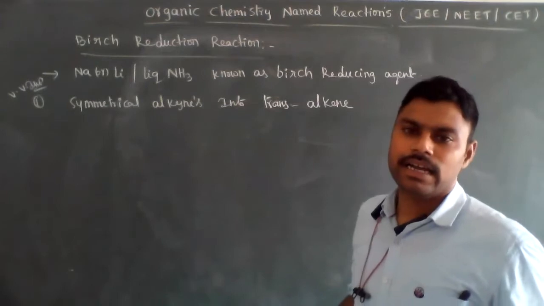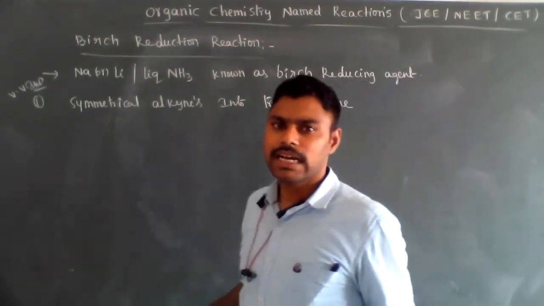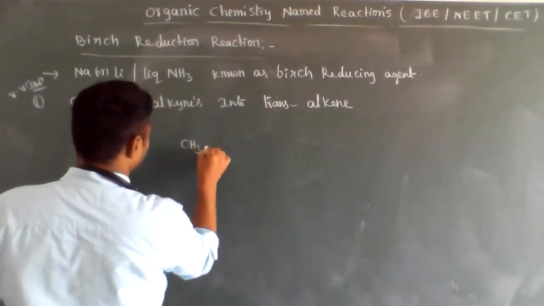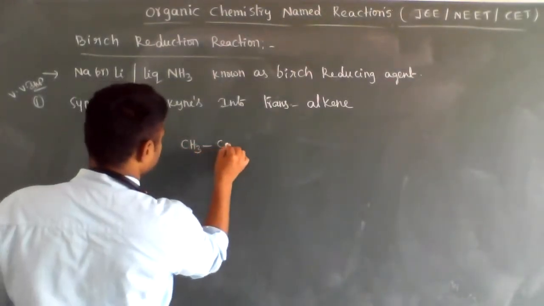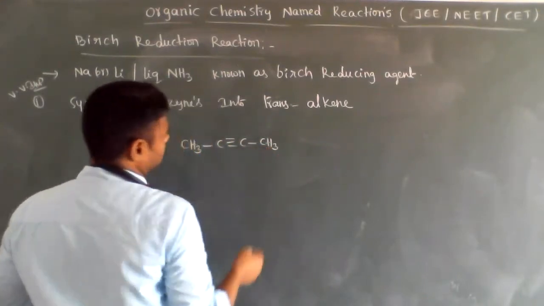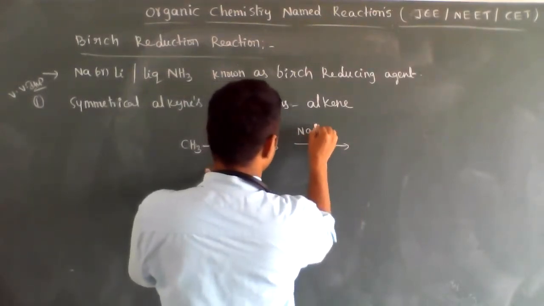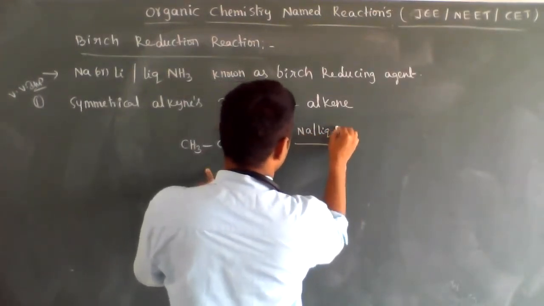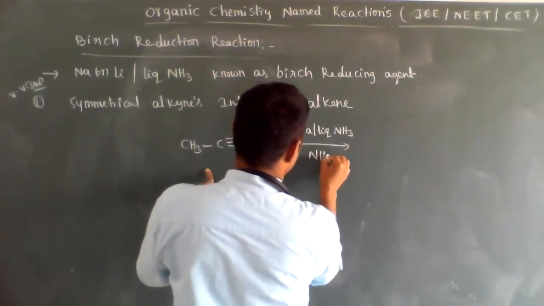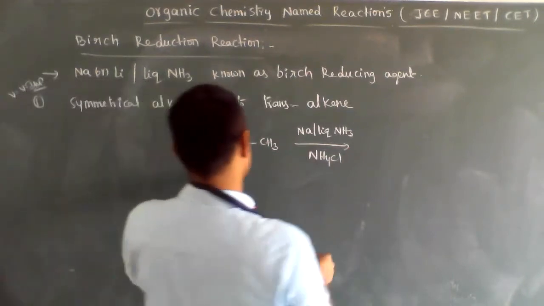If you want cis alkene, we use Lindlar's catalyst, palladium barium sulfate. Let's see, for example, the symmetrical alkyne CH3-C≡C-CH3. You reduce it in the presence of sodium metal and liquid ammonia, in the presence of a protic solvent, ammonium chloride.